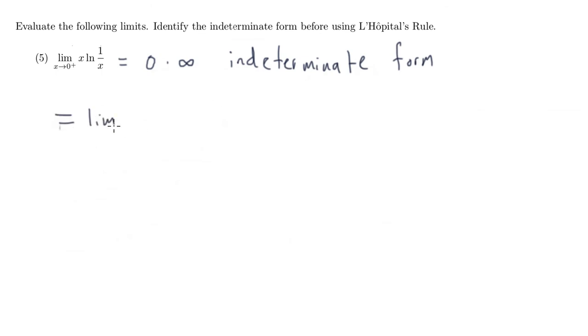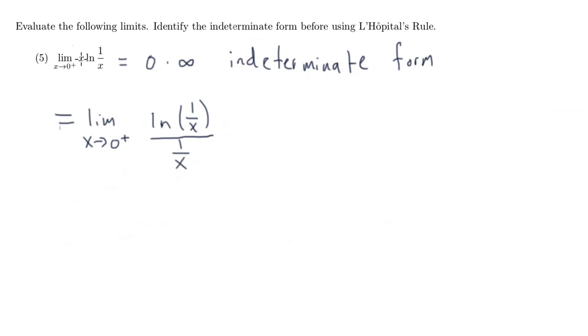And this is almost exactly the same thing that we did towards the end of the last example. Instead of seeing x as just x going to 0, see it as 1 over x that's going to infinity. So write this as log of 1 over x over 1 over x.